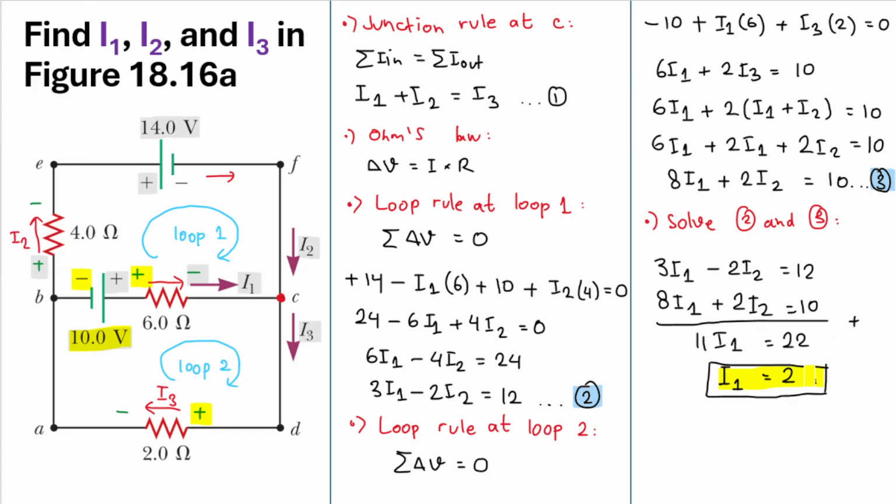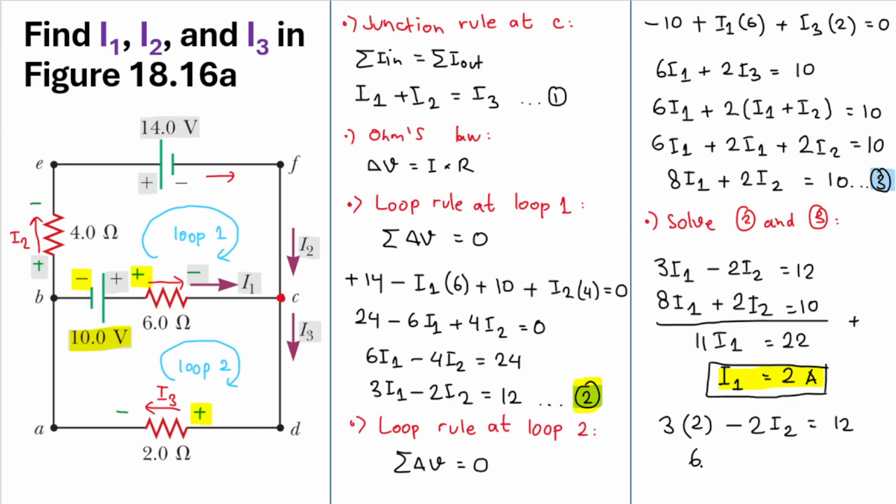And how to find out I2? Just plug that into equation number 2 here, right? So I will have 3I1, but I1 is equal to 2. And then we will have minus 2I2, and that will equal to 12. Good.